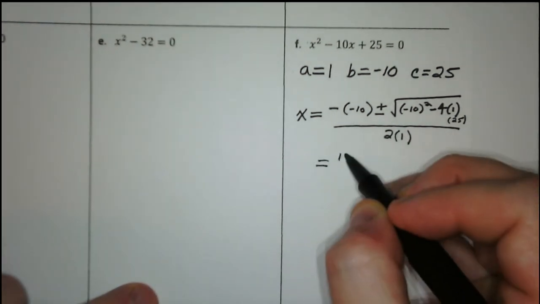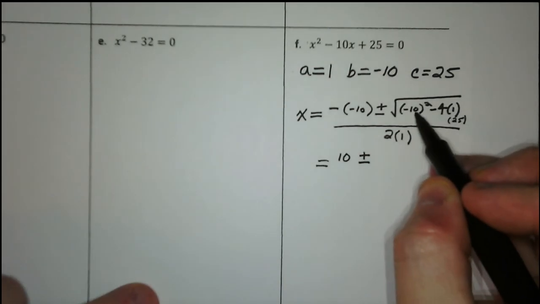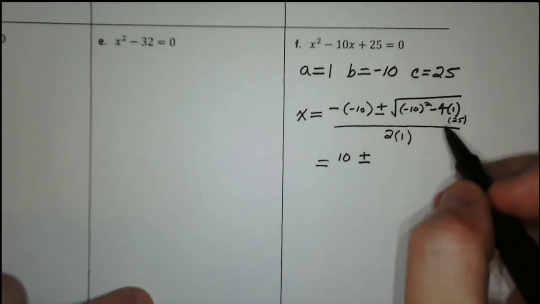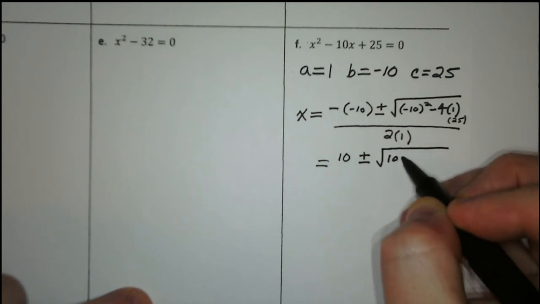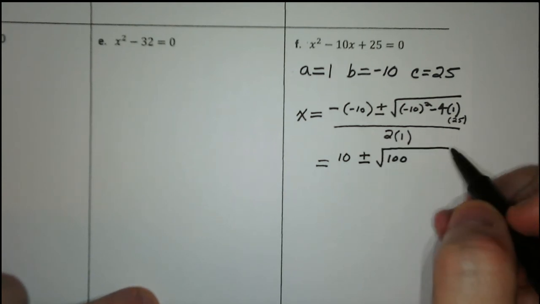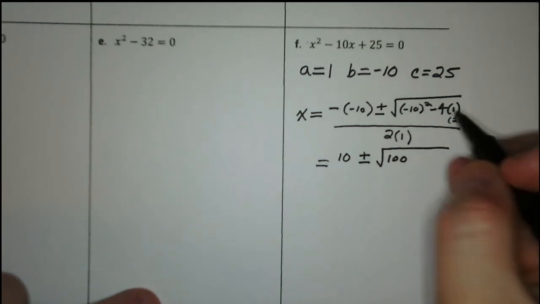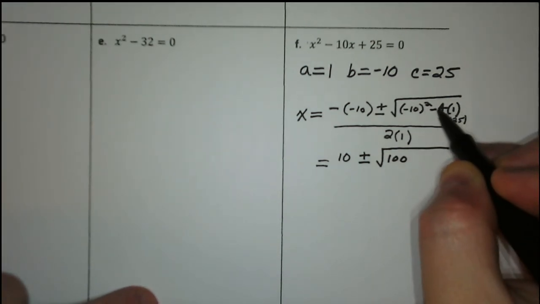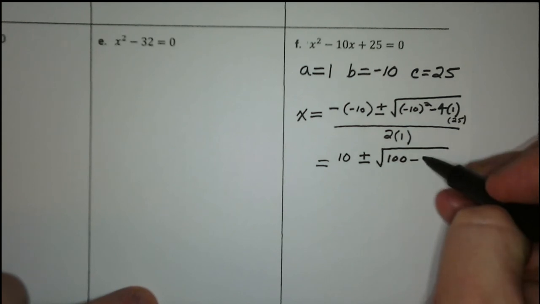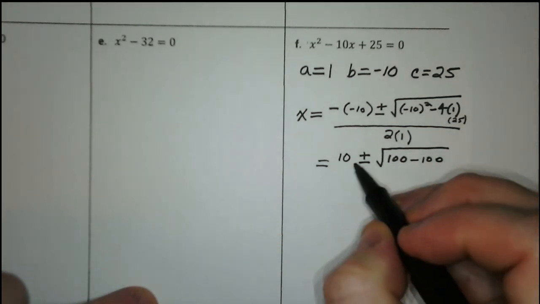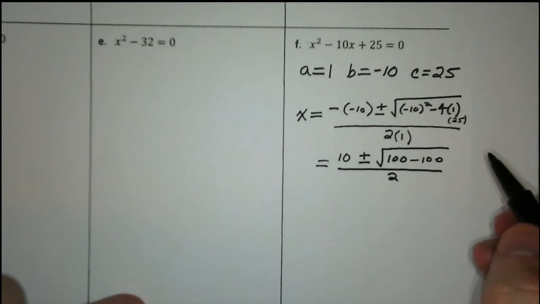Negative 10, that's positive 10. When we square a negative 10, we end up with positive 100. Don't misplay all these negatives. Now here we have negative 4 times positive 1 times 25. That's minus 100, all over 2.